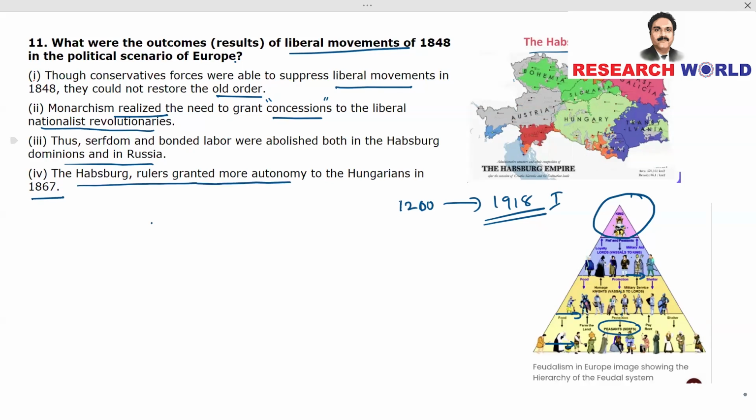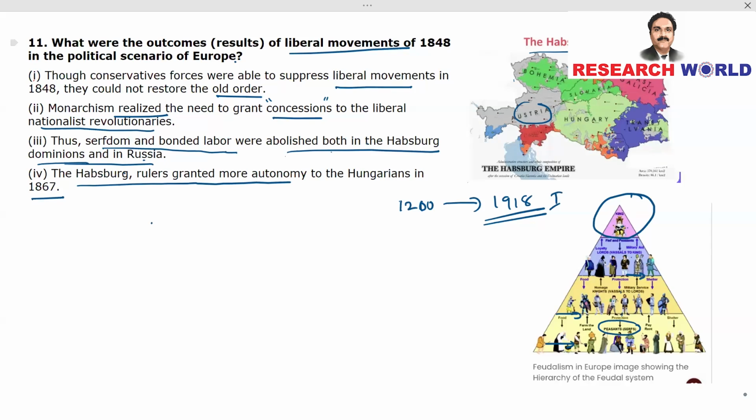So serfdom and bonded labor were abolished both in the Habsburg dominions, that means places coming under the Habsburg Empire, and in Russia. Both the Habsburg Empire and the Russian Empire were huge, predominant, powerful empires in Europe. So in both these places, serfdom and bonded labor were abolished.